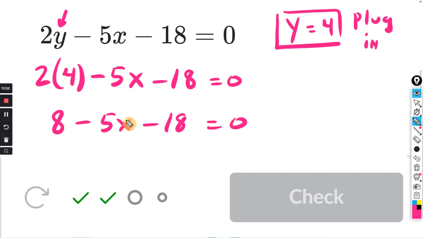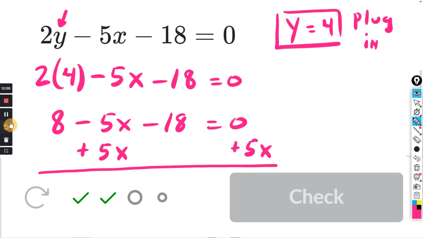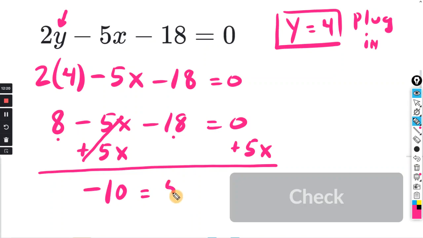All right, keep the numbers on one side and the letters on the other. The opposite of negative 5x is positive 5x. Do that to both sides of the equal sign. 5x minus 5x is gone. 8 minus 18 is negative 10. Bring down the equals. 0 plus 5x is 5x.